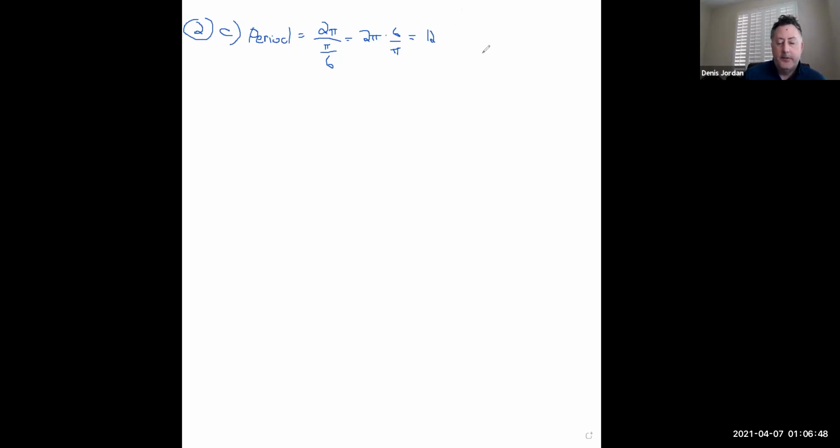Okay, so that's going to be your period. With cosecant, that is the total distance from start to finish, from your first asymptote to the last one. There's no amplitude to worry about, so we can just go to the phase shift. So how do we figure out a phase?